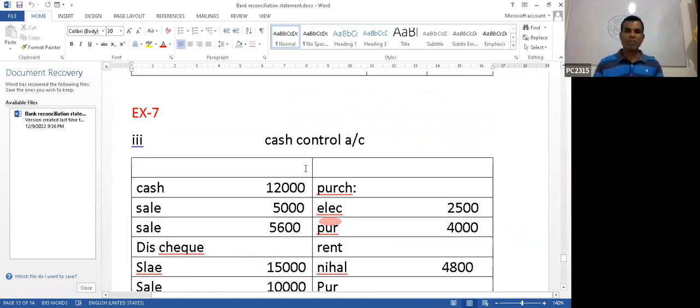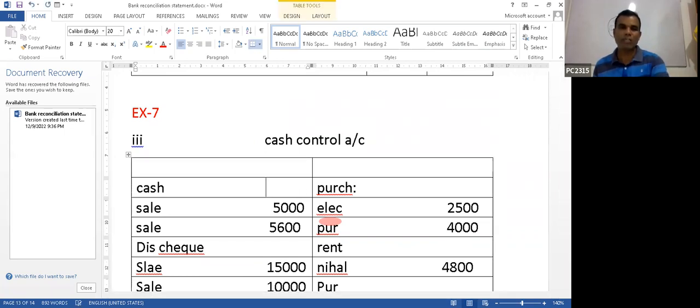Now here we don't know this value. This value is not known to us. I'm going to edit it. Through the sales we are having how much? 1,000. Look at that.